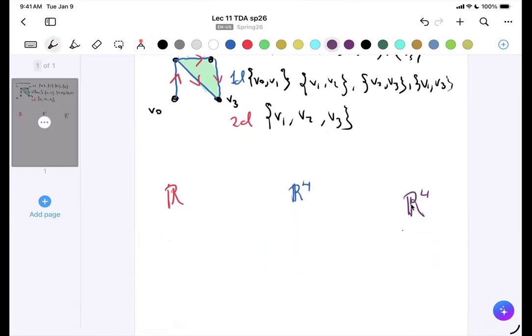A basis here would be V0, V1, V2, V3, meaning that every vector in this space is a linear combination of the vertices, as what mathematicians call a formal sum. There's going to be an interpretation in terms of a function, which I'll go back to in a moment.